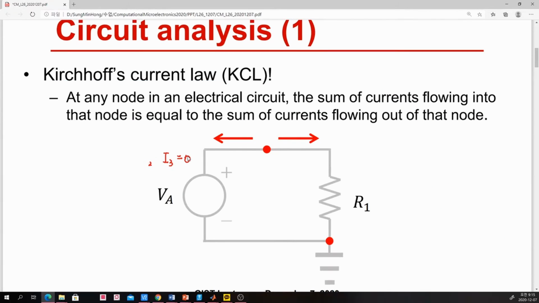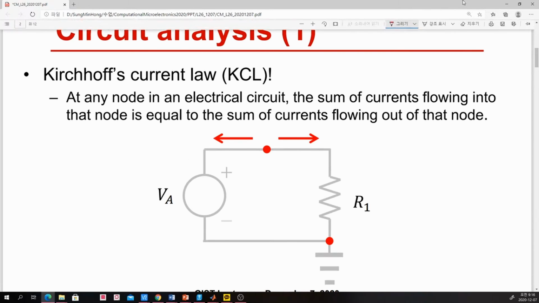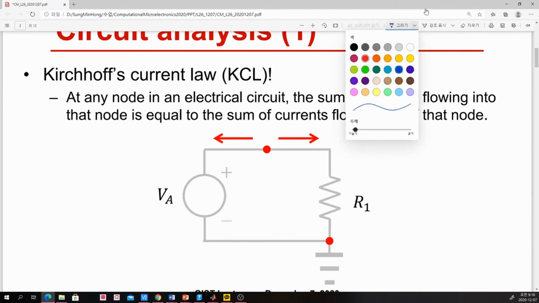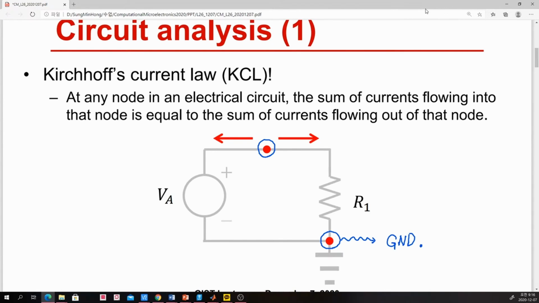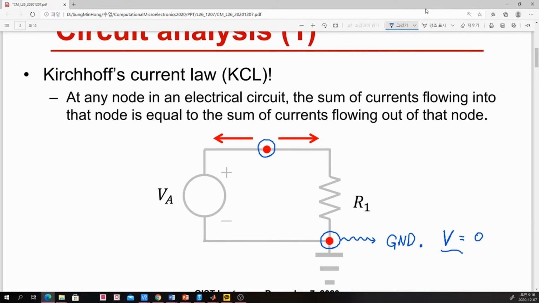Now let's say that we are talking about this quite simple system. If we apply Kirchhoff's current law to this node, of course here we have a second node. However, this node is really special. Why is it special? This is the ground node, and for the ground node we have a very important relation, which is that the node voltage equals 0 by definition.